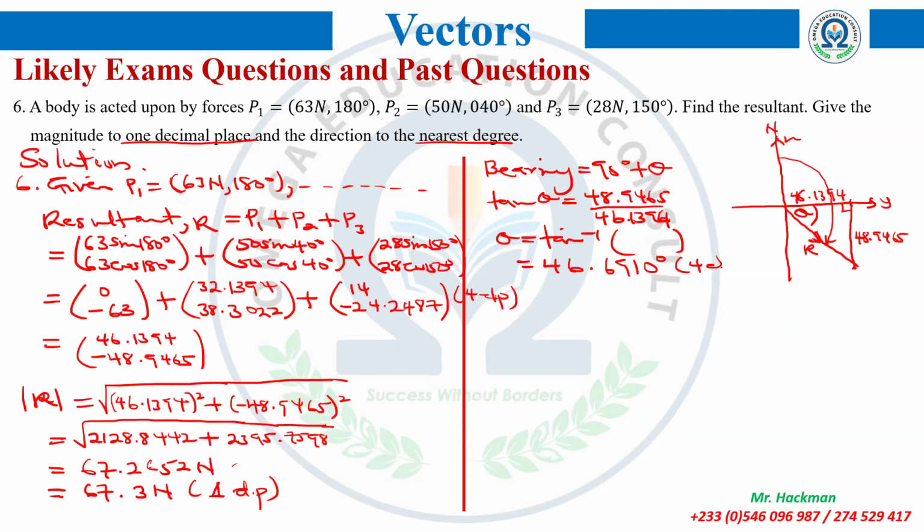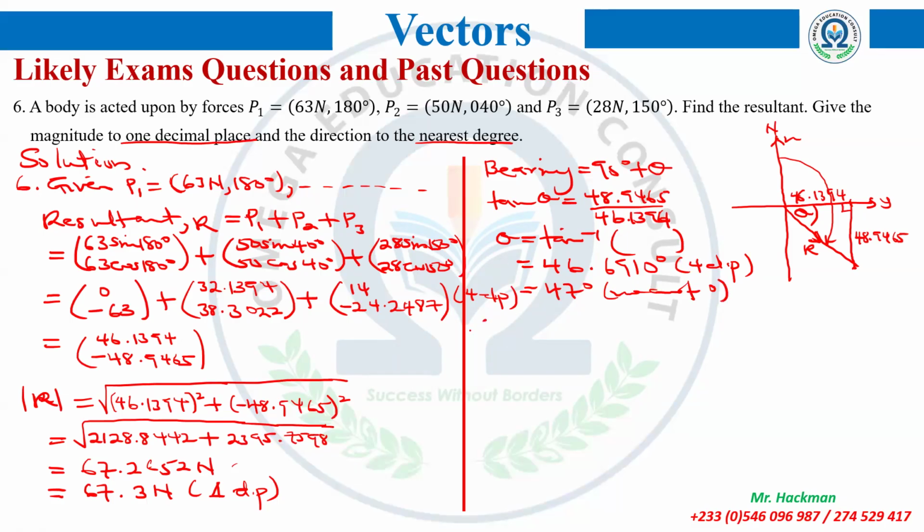Am I right? Yes. However, we cannot end here because the question asks us to take it to the nearest degree. So the nearest degree will give us what? 47 degrees. Nearest degree. Is that clear?